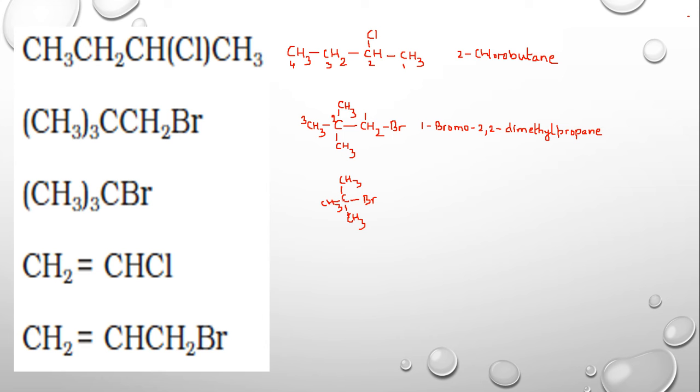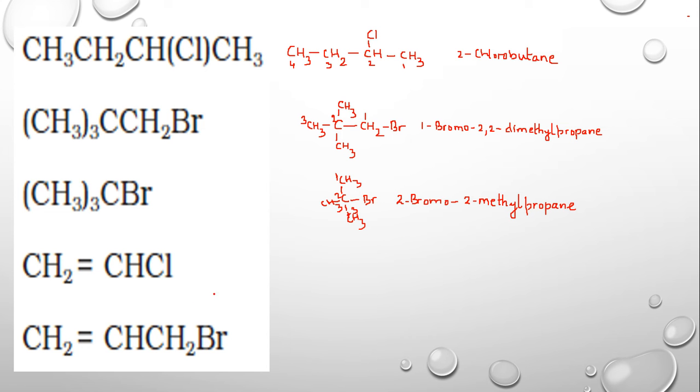Okay, if you start the numbering from the carbon atom which is directly attached to Br, then it is carbon 1 and carbon 2 only. Okay, so the numbering in this case is going to begin vertically. Okay, so for second carbon atom, we have Br attached. So the name is 2 bromo, 2 methyl, 3 carbon atoms, so it is propane.